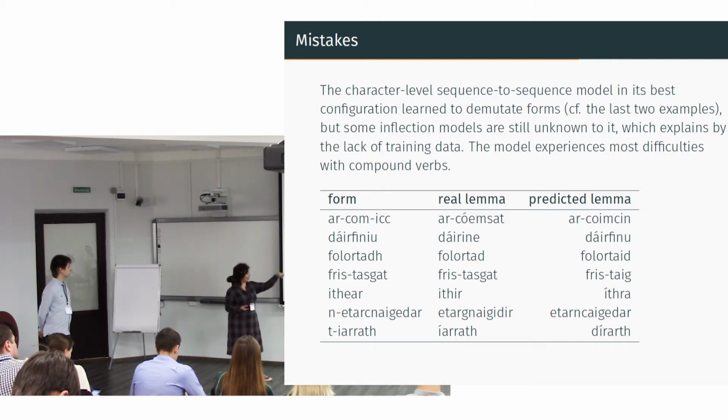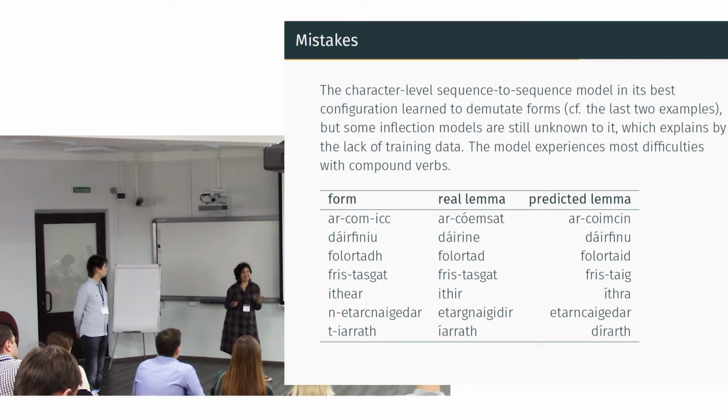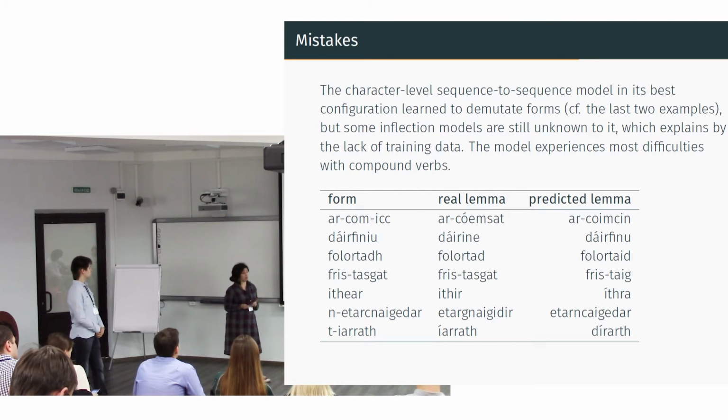So it learned the patterns, but the patterns are not very consistent. There are a lot of exceptions. Then, most mistakes are connected with infixed pronouns. So what do you think about the possibility to solve this problem for Old Irish?